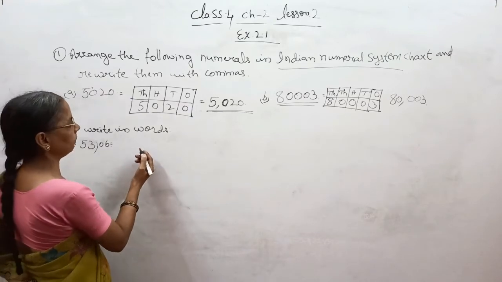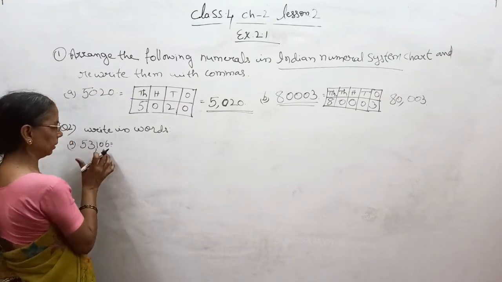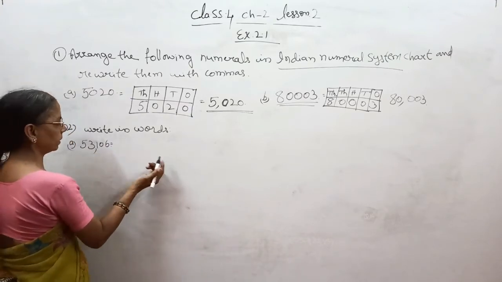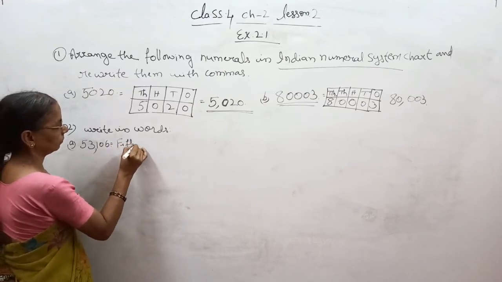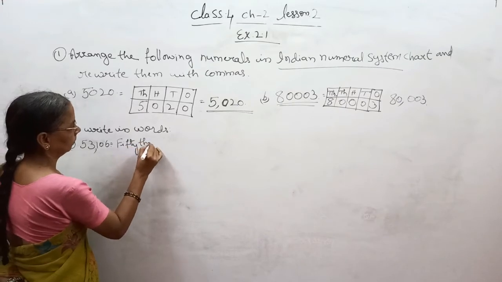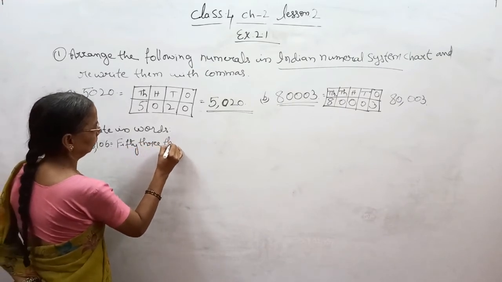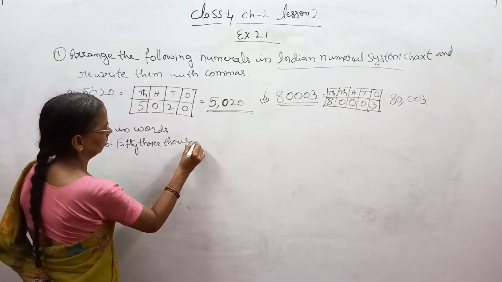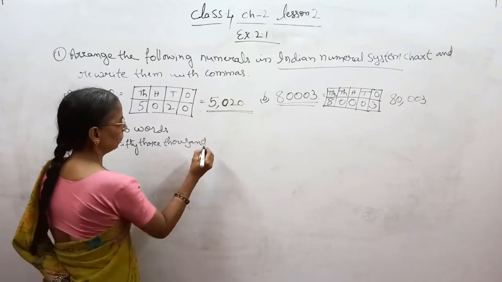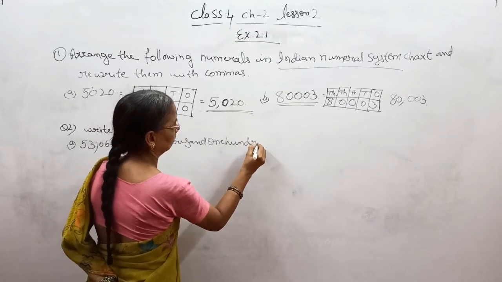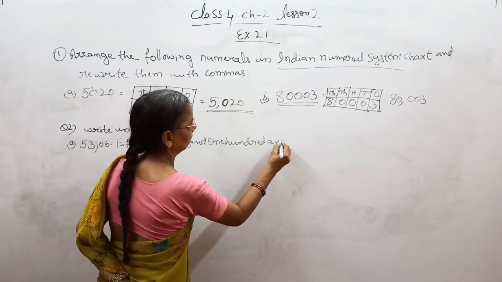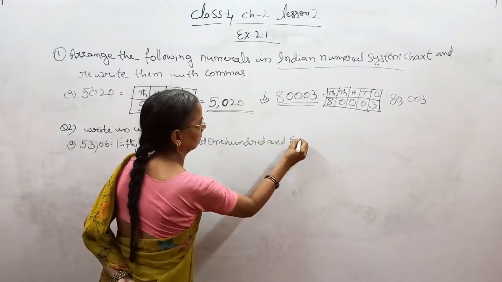Now you are ready to write this numeral in words easily: 53 thousand 106.